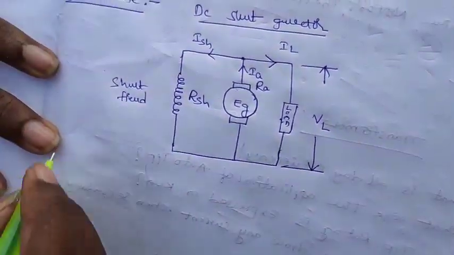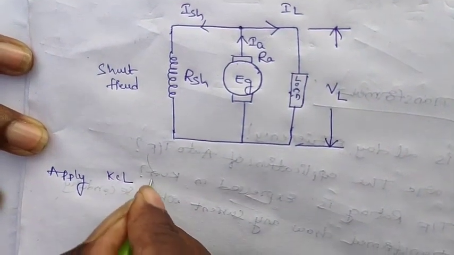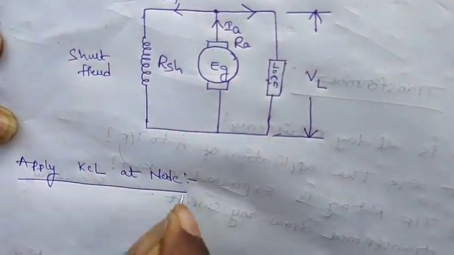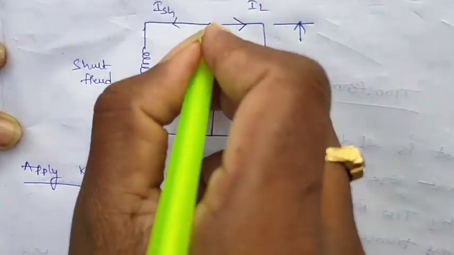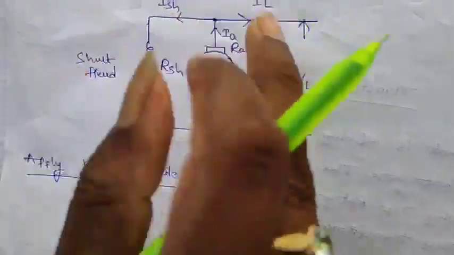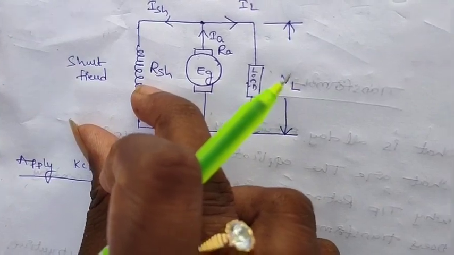So first thing, apply KCL at node. This is the node. The node is the meeting of all branches. Here two branches are there. One is load section, another one is shunt field section.